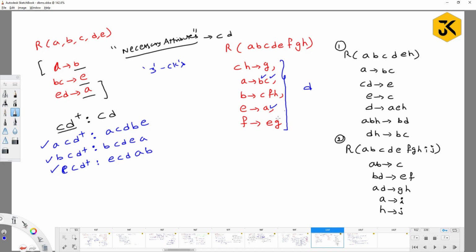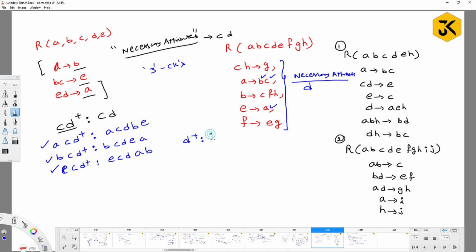E, F, G, H are available. So D is a compulsory, necessary attribute.